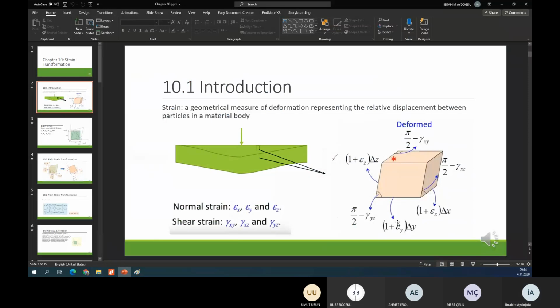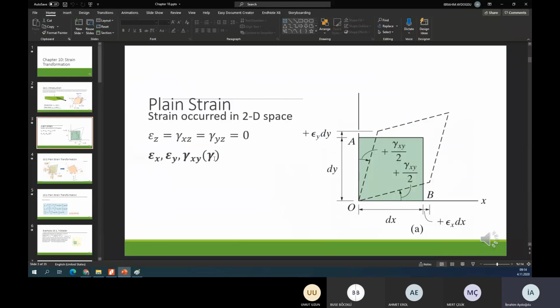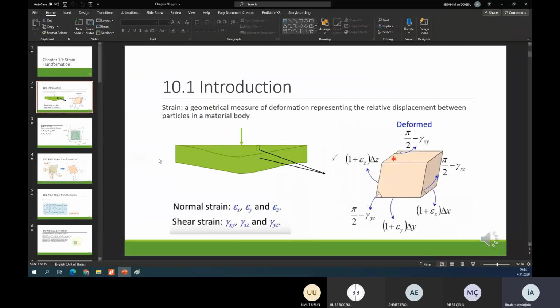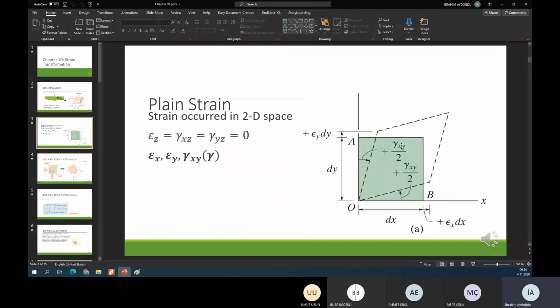So also we are wondering about different orientations. Also this is a 3D case. For the 2D case, we do not consider epsilon z, gamma xz, and gamma yz, because these become 0. So we are just considering epsilon x, epsilon y, and gamma xy for plane strain.